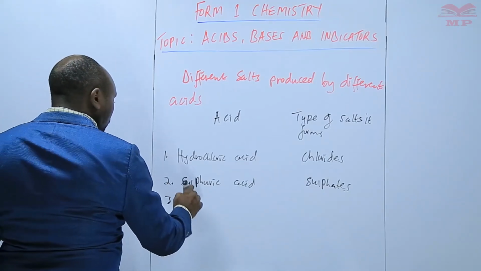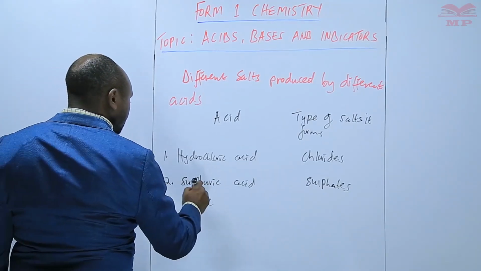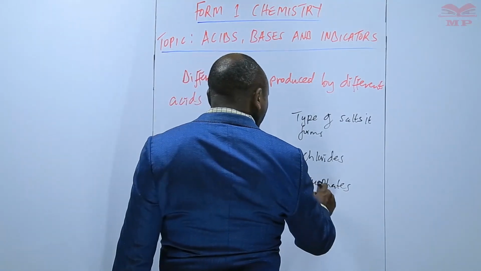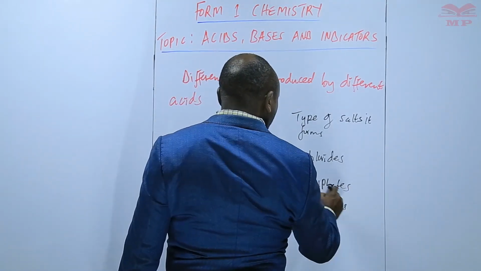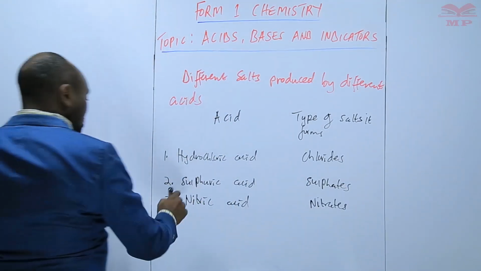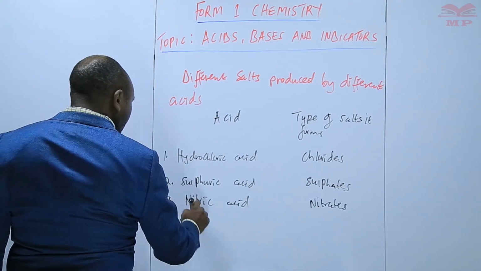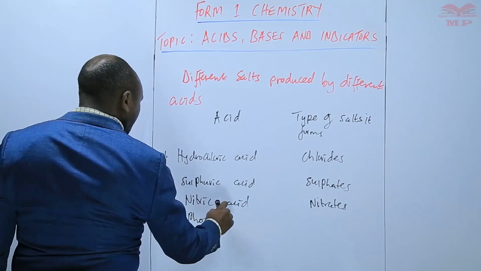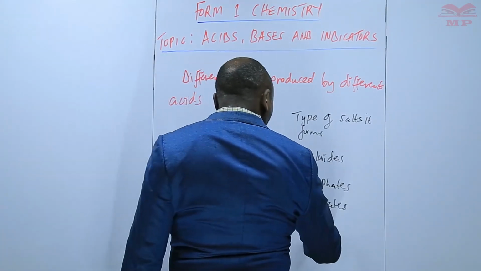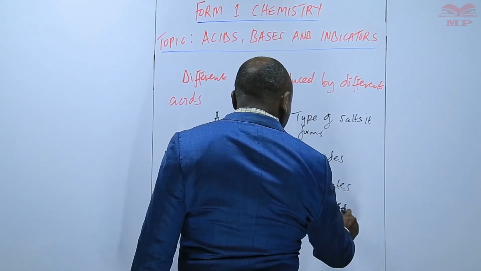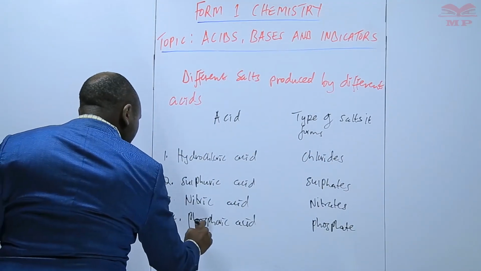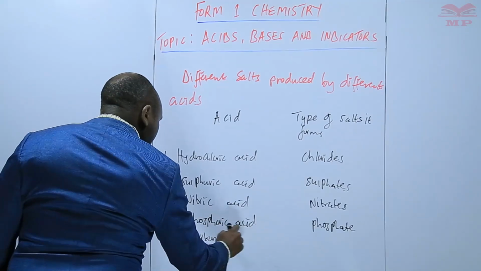And from nitric acid, we get salts that are called nitrates. Sodium nitrate, magnesium nitrate, etc. We have phosphoric acid. This one forms salts that are called phosphates. And then lastly, carbonic acid.